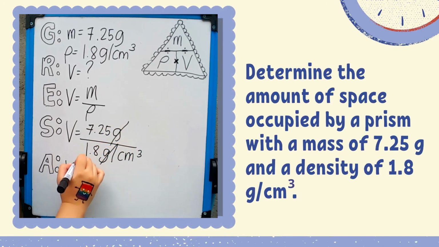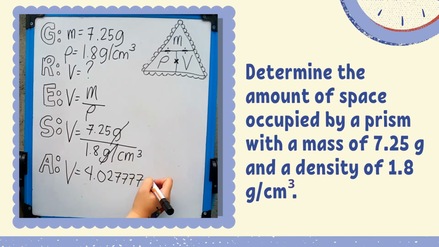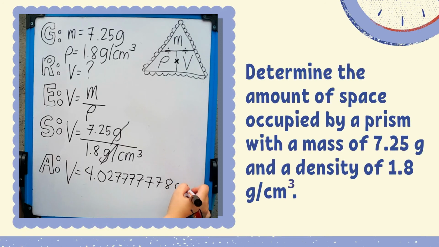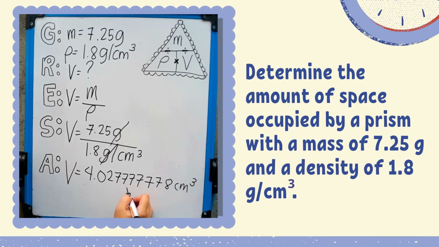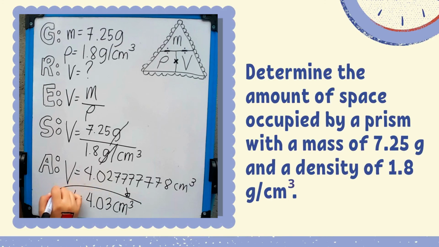Cancel out g, then the volume is 4.027777778 centimeter cubed. Rounding it off to the nearest hundredths, the volume will be 4.03 centimeter cubed.